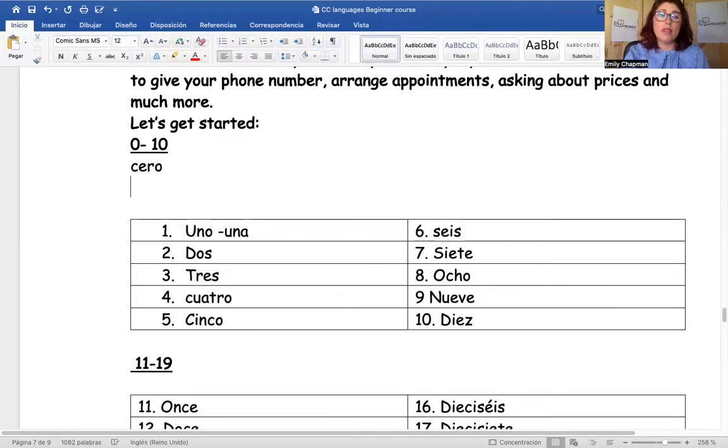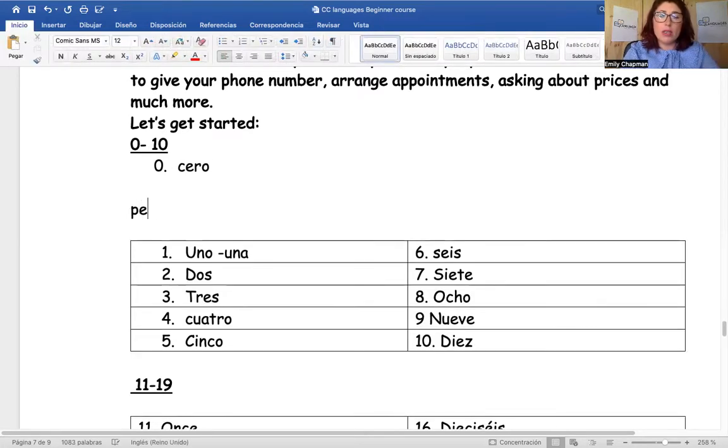For example, if I say in Spanish the word persona, person, and I want to say one person, because persona is with an a and it's feminine, we wouldn't say uno persona, we would say una persona.